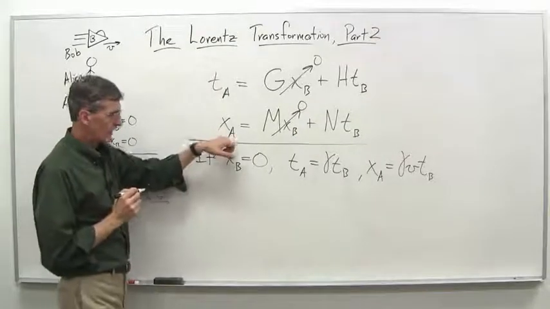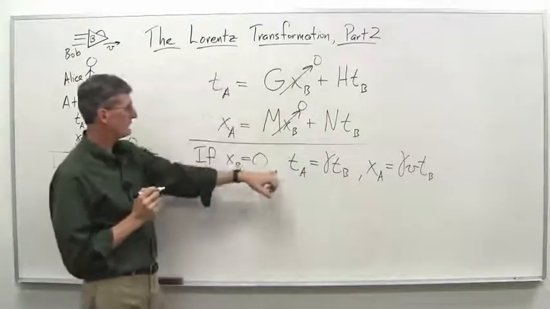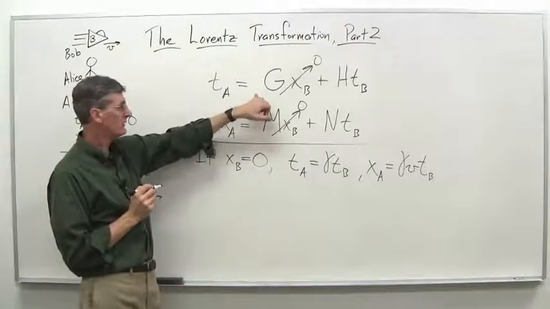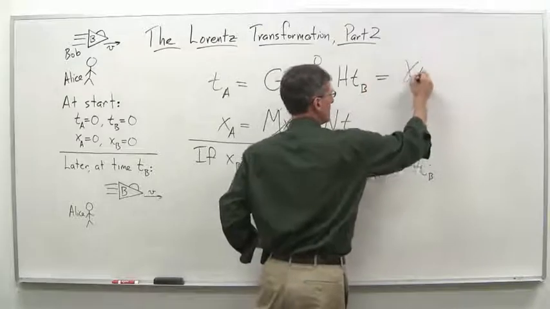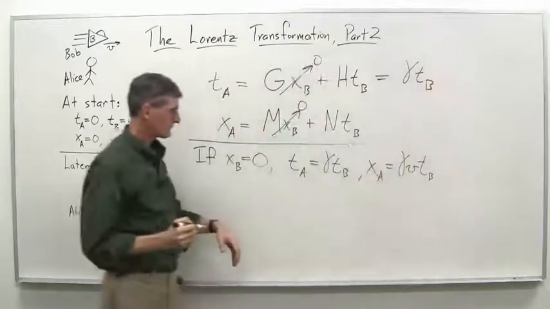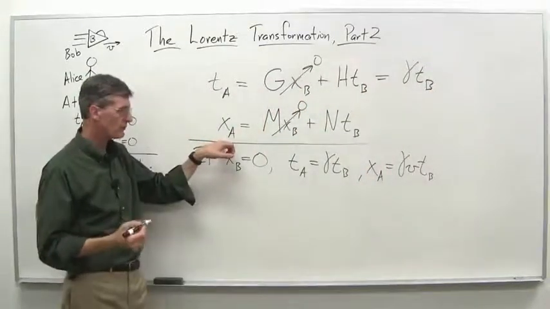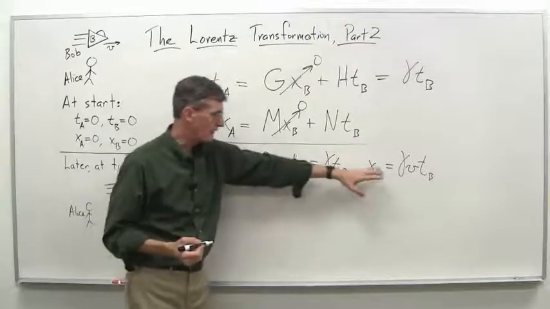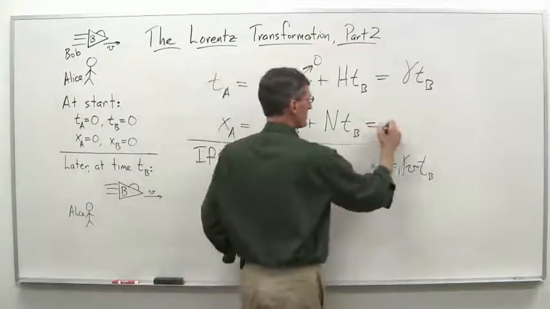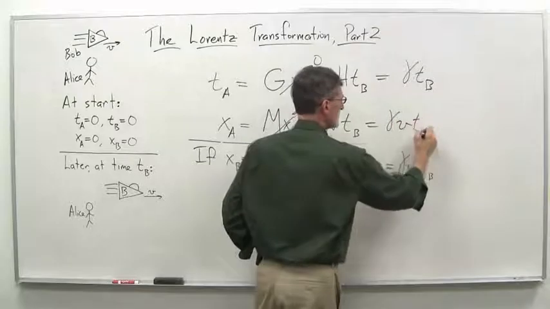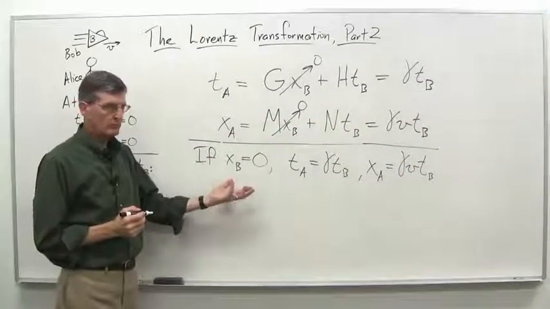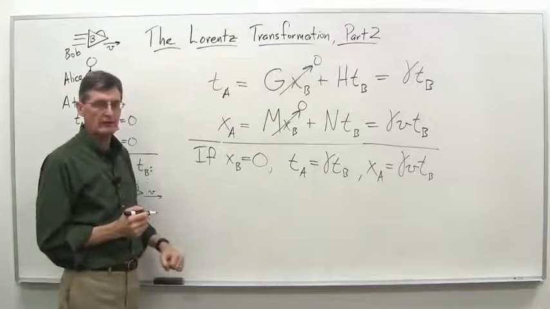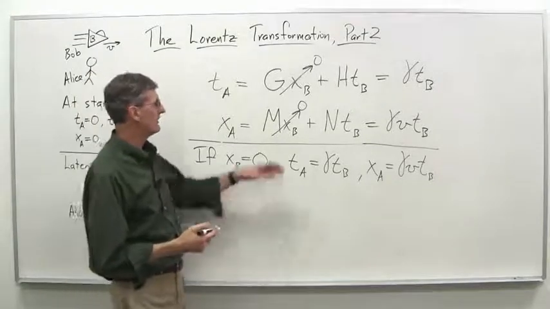TA has to equal gamma TB, so this equals gamma TB. And XA, for this special case where XB equals 0, has to equal gamma V TB, so this equals gamma V TB. And lo and behold, immediately you can see what H and N are. You've probably already seen it.